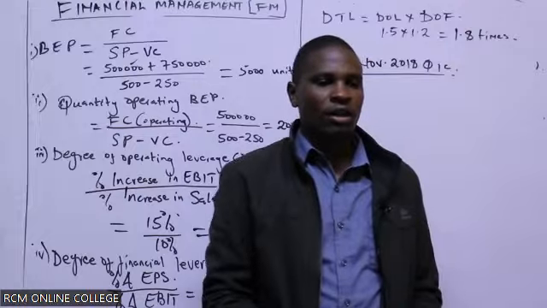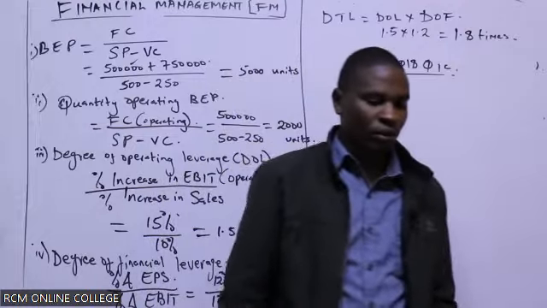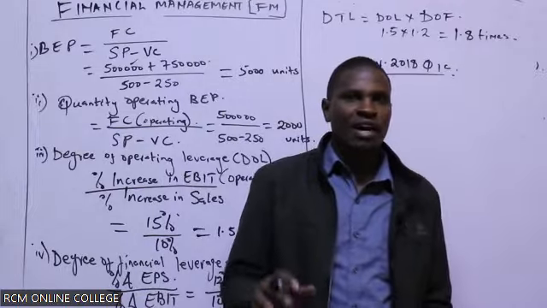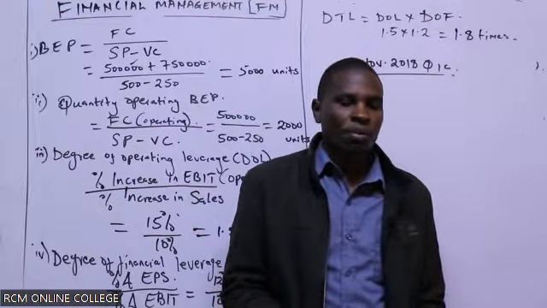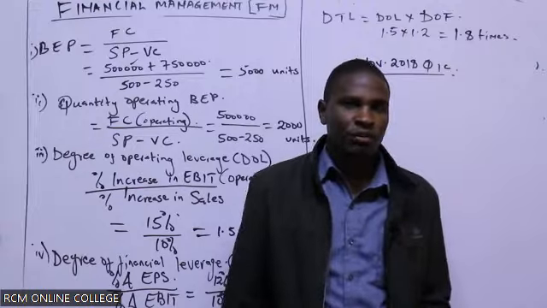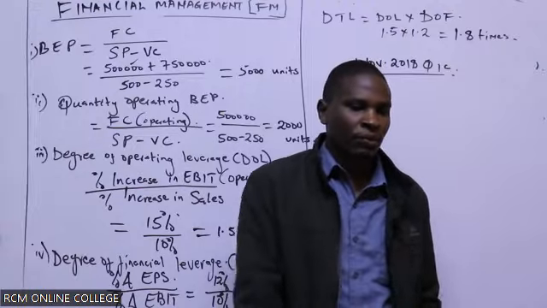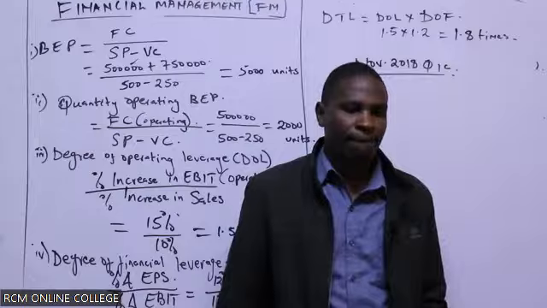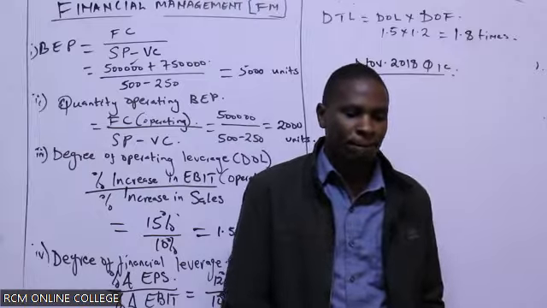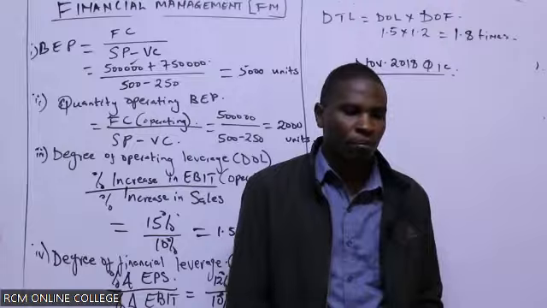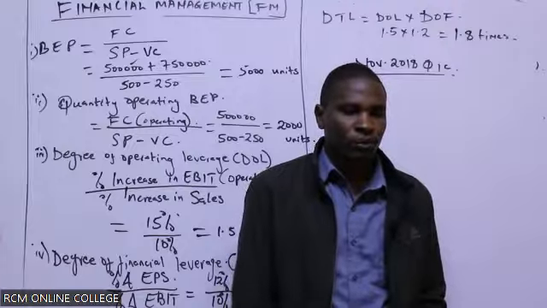Now, at that question, you'll find that we are having values. Tuko na values pale.